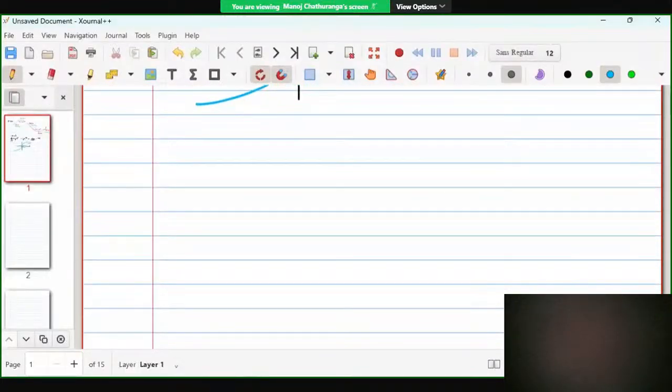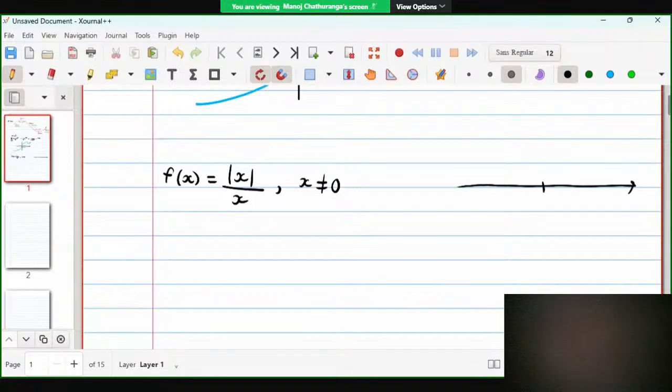Let's think about an example. Let's say the absolute value of x divided by x. Since we are dividing by x, we need to make sure x is non-zero. The absolute value measures the distance between x and 0.